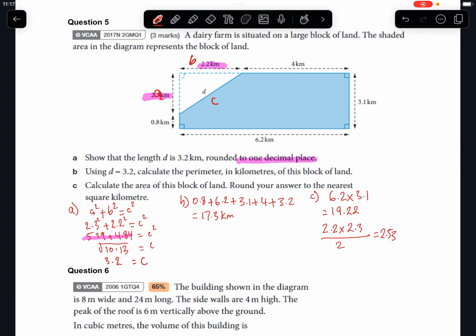Now let's subtract, not add: 19.22 minus 2.53 is equal to 16.69. Rounding to the nearest square kilometer gives 17 kilometers squared.